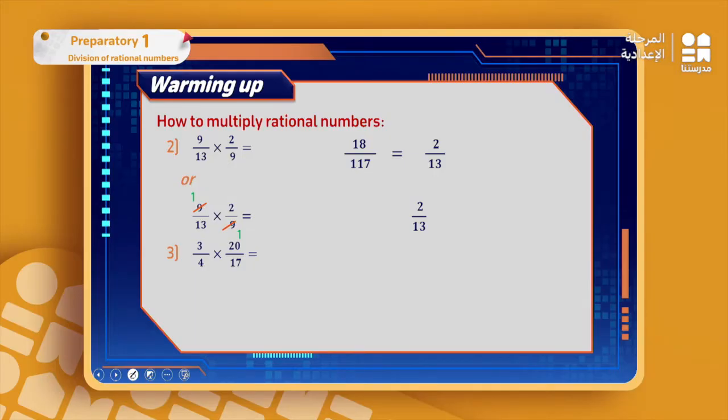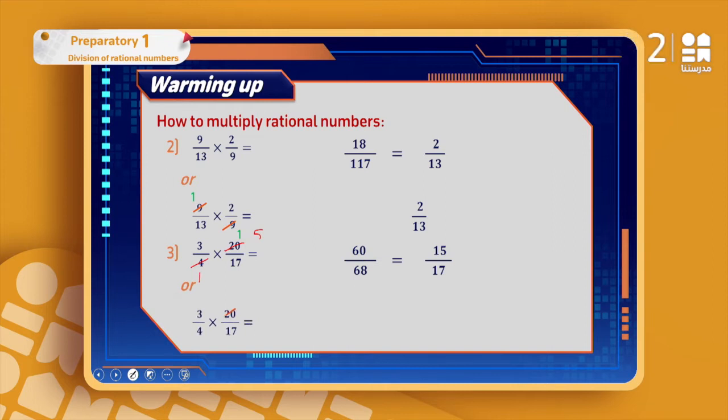For this one, 3 over 4 times 20 over 17. I need to ask you which number we can divide by. 3 seconds. Yes, we can divide by 4 up and down. So 4 divided by 4 is 1, and 20 divided by 4 is 5. 3 times 5 is 15, and 1 times 17 is 17.